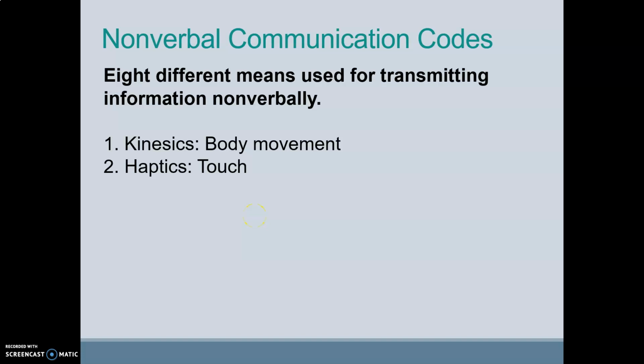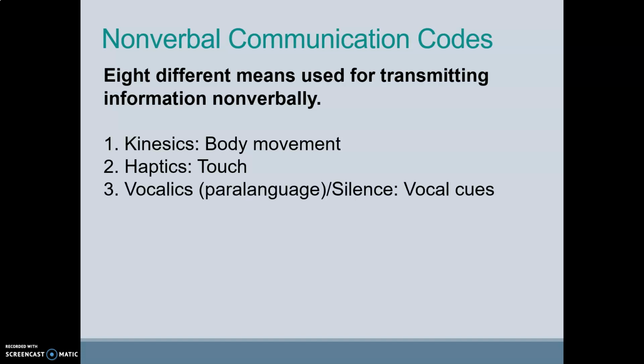Second one, we call it haptics. That refers to all the touch we conduct in our daily interactions. We're going to elaborate on it a little bit in this class. The third one, we call it vocalics, or sometimes we call it paralanguage. And this includes all the vocal cues we have.